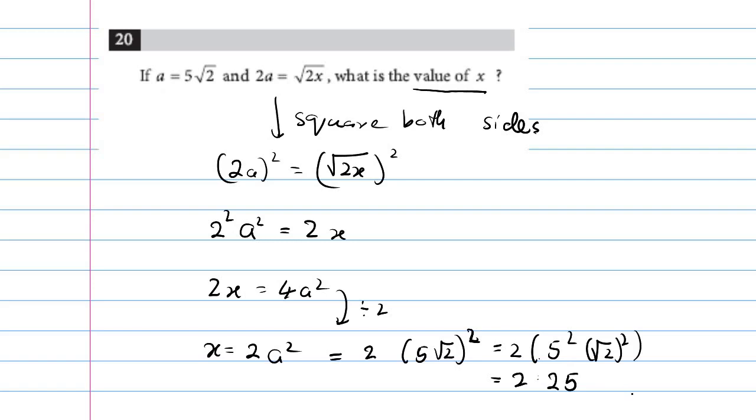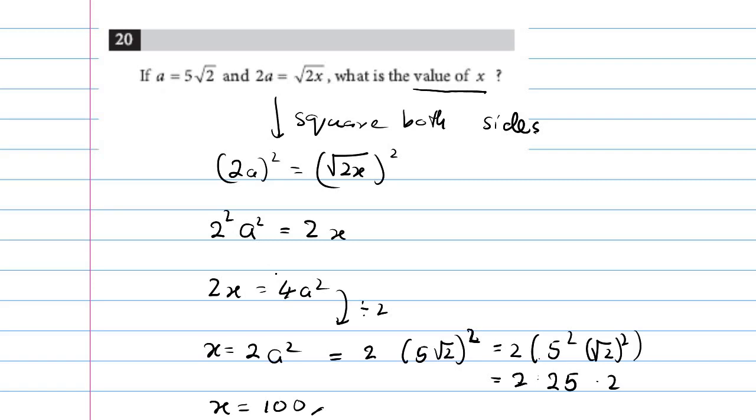Another important thing, 5 squared is equal to 25. Square root of 2 to the 2 just becomes 2, the square root cancels out. We remember that all this is equal to x. So the final value of x is equal to 2 times 25 is 50, times 2, which is 100. So this is what you get, 100, right?